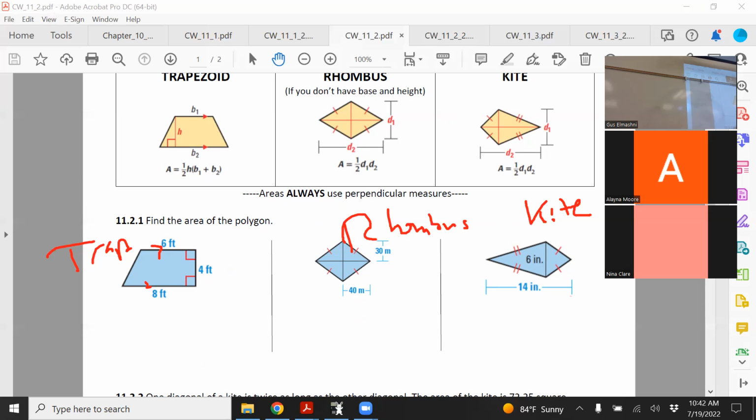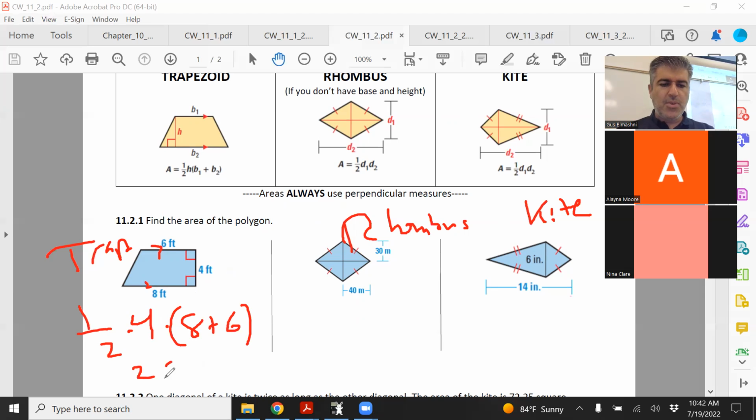So just plug away, right? You're just going to say 1/2 times the height times 8 plus 6. So it's 2 times 14 equals 28.